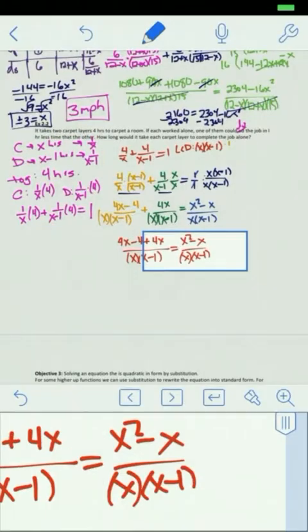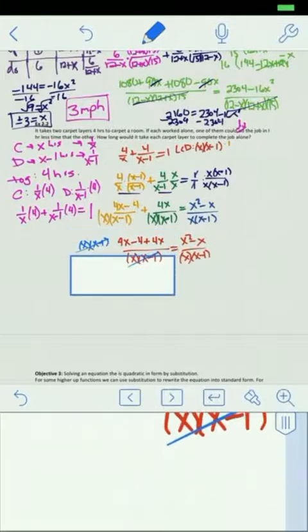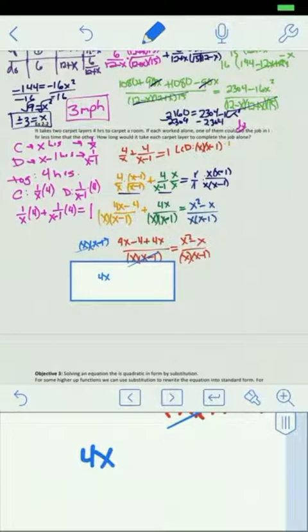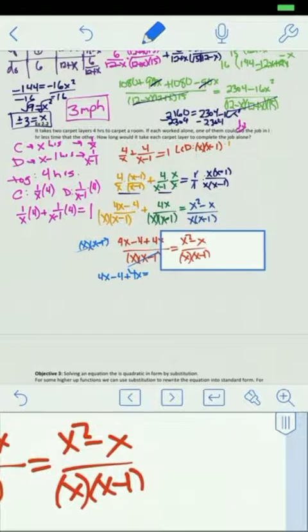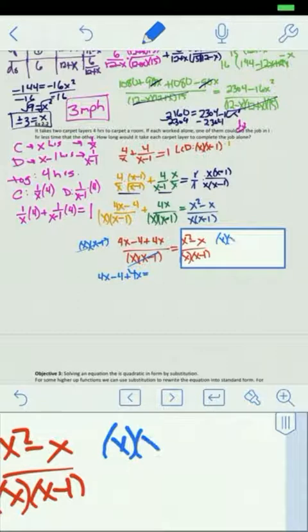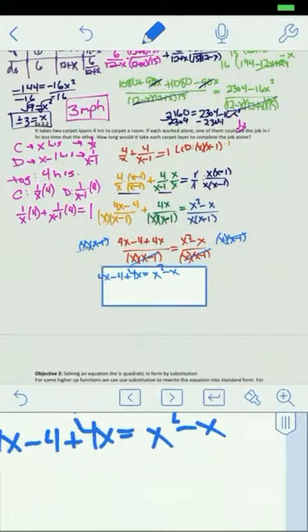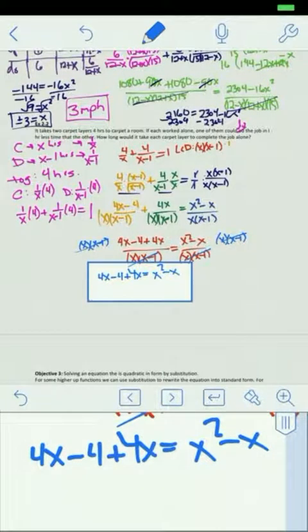Awesome, the denominators match now, so I can multiply on this side by that denominator and it goes away, and I'm left with 4x minus 4 plus 4x. When I multiply one side, I have to multiply the other, and luckily, because they match, they both go away too, and I get x squared minus x. And all the denominators are gone. Fabulous. I hate denominators.